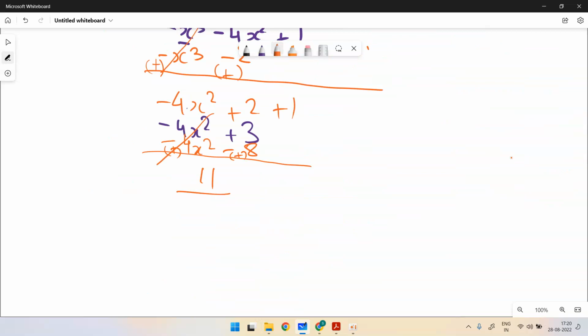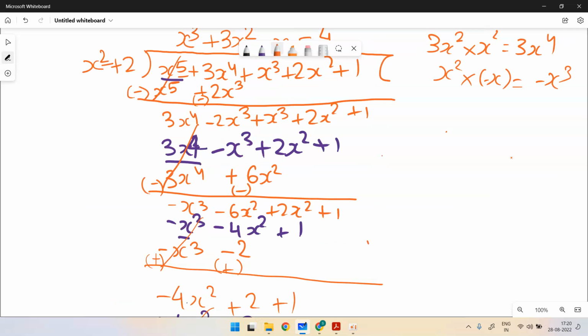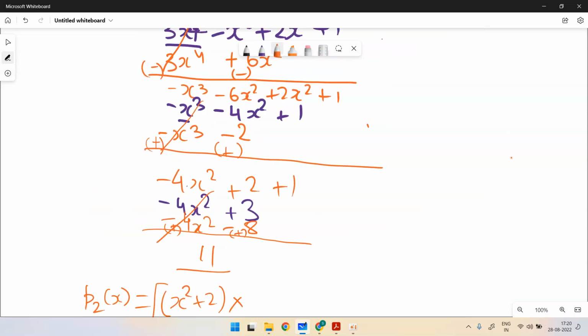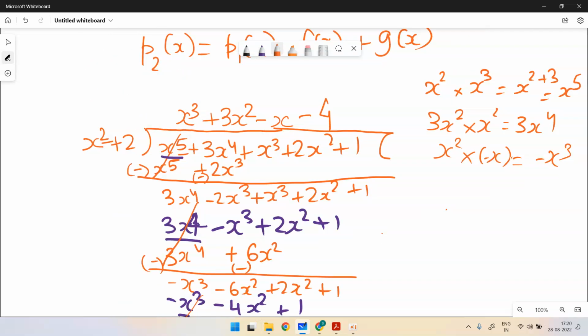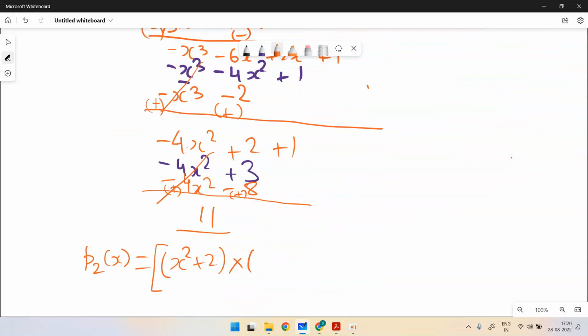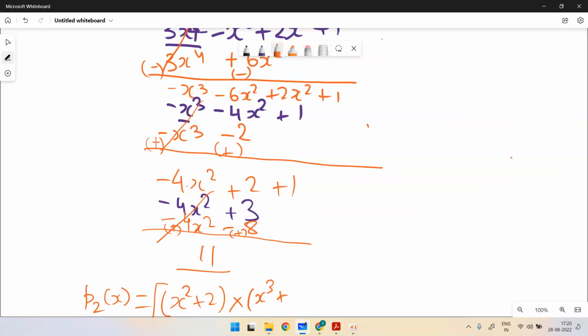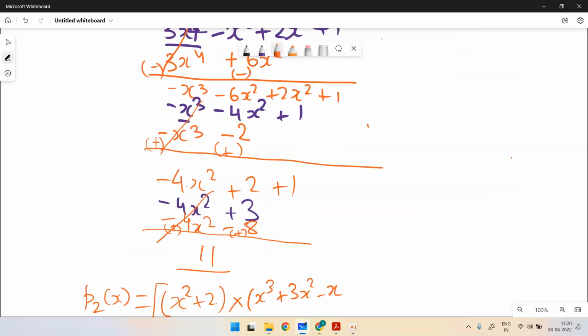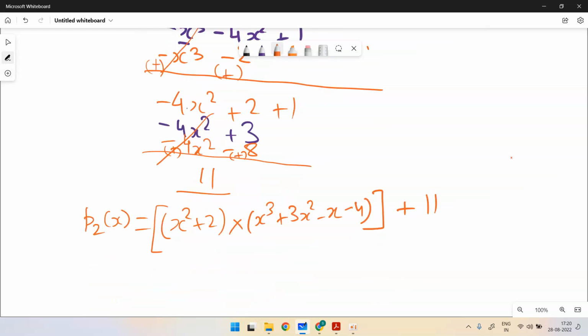So p2x is written as x square plus 2, into x cube plus 3x square minus x cube plus 3x square minus x minus 4 plus 11.